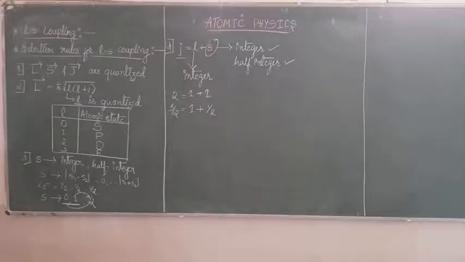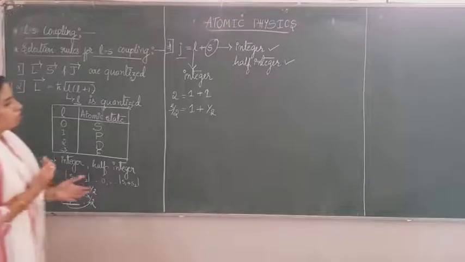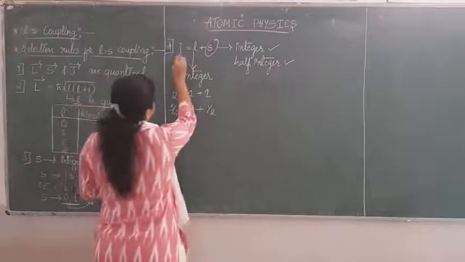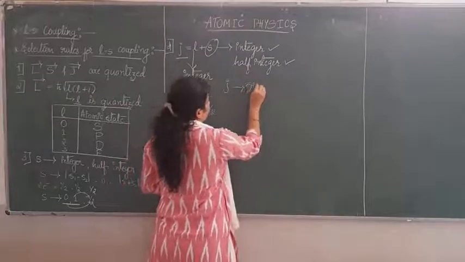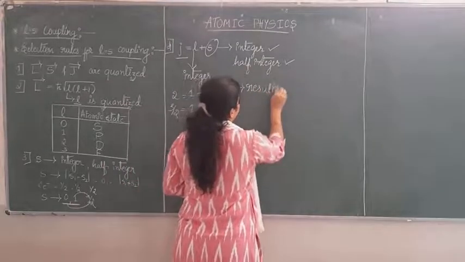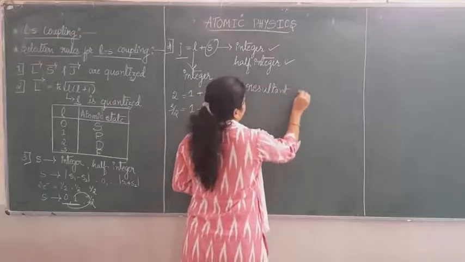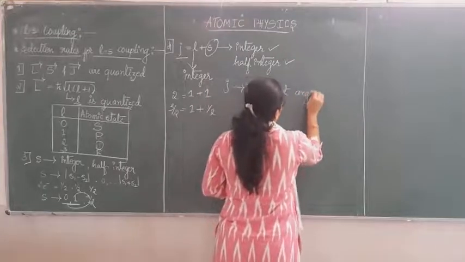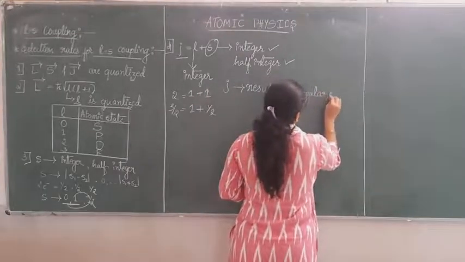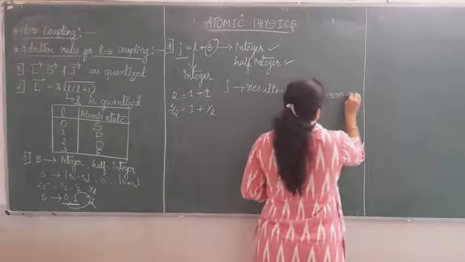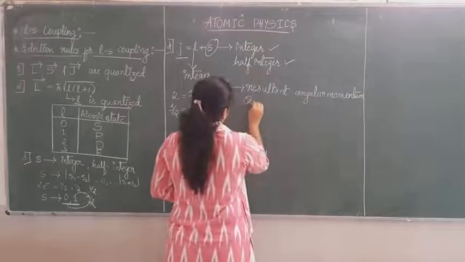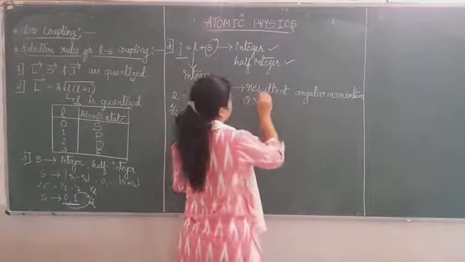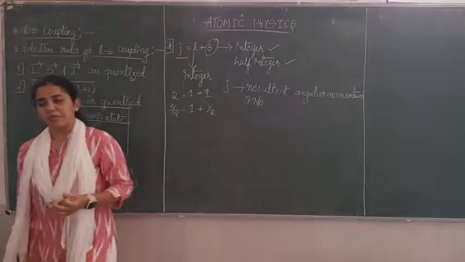Right. So one more thing we can see here is this J, the resultant angular momentum quantum number.